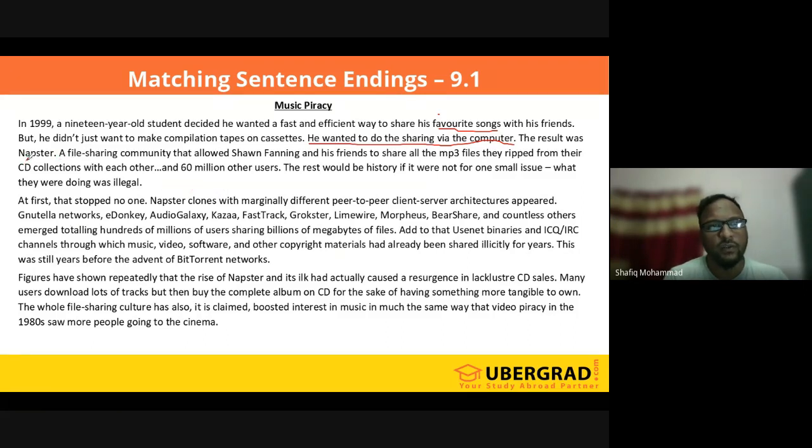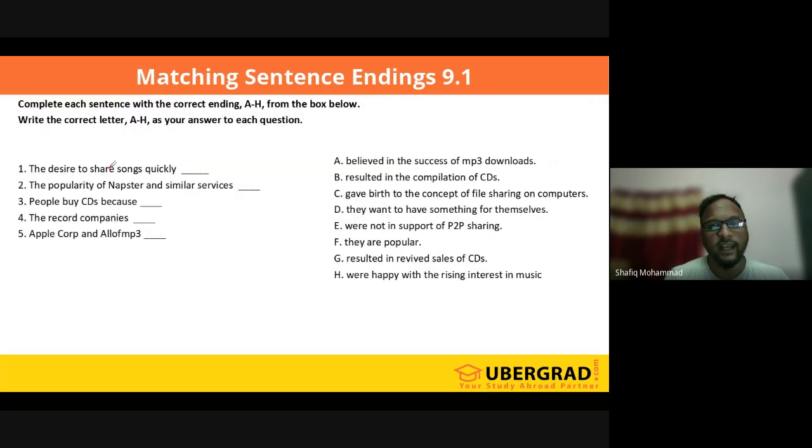The result was Napster, the file sharing community that allowed Shawn Fanning and his friends to share all the MP3 files they ripped from their CD collections. Yeah, actually this is the second answer, which goes to CDs. It is not compilation of CDs, right? It resulted in revived sales of CDs. So it should be G.